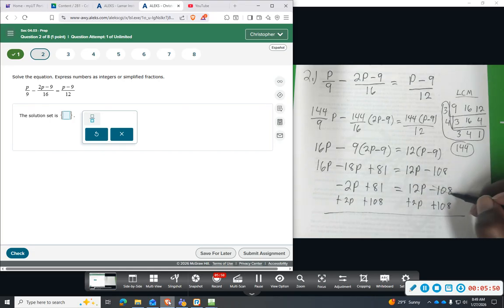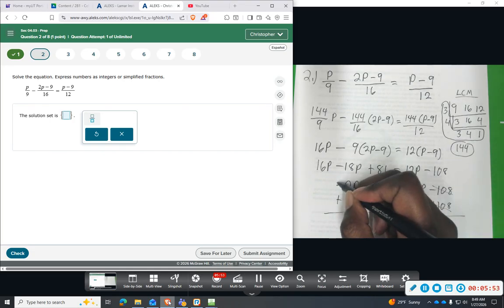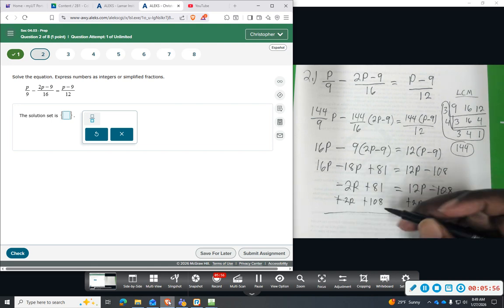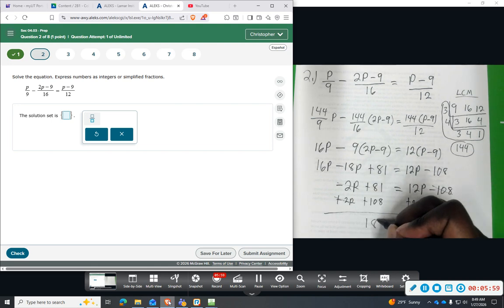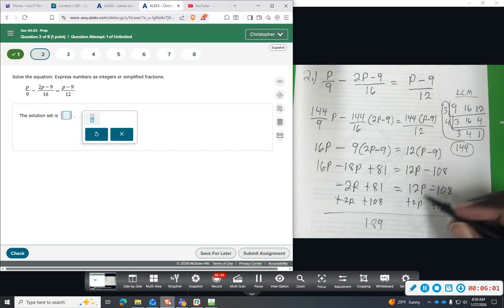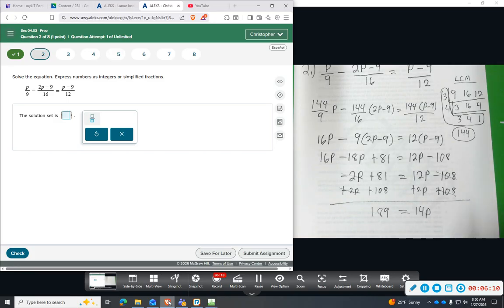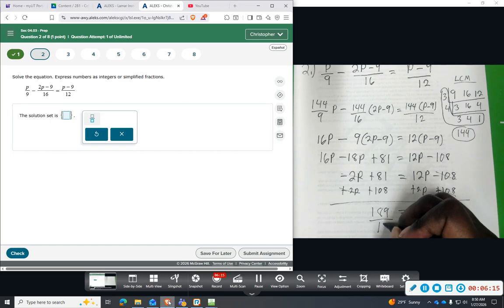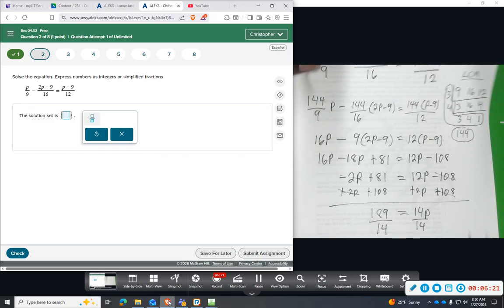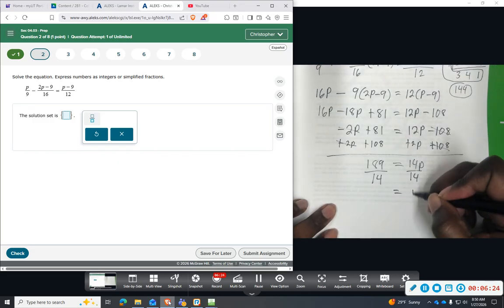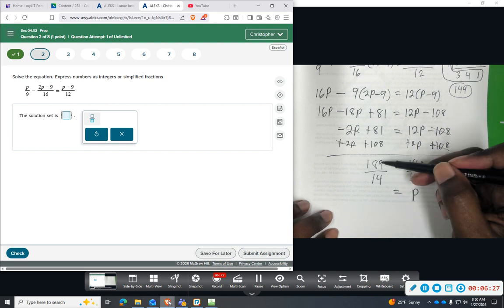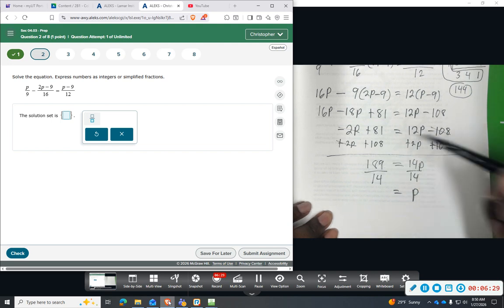The 108 positive and negative cancel. The 2p positive and negative cancel. So this is what I end up with: 189 is equal to 14p. And so now we will divide by 14, and that will leave us with p equals... now I believe both of these numbers are divisible by 7.